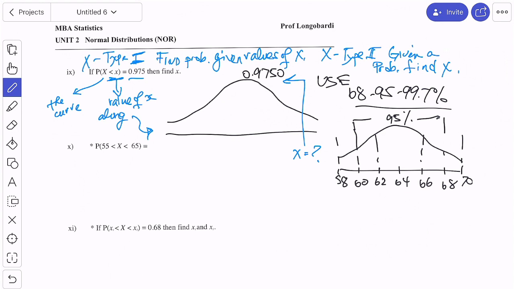Outside of 95%, this way and this way, would be 2.5% on each side. Does everybody agree? So there's 95% between and 2.5% on each side.